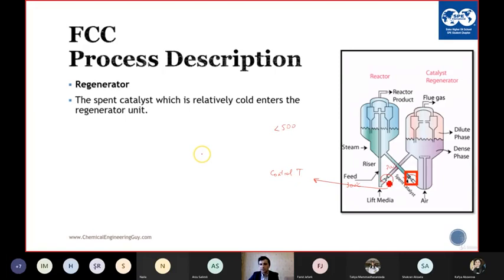Then we open this control valve a bit more, allowing more catalyst coming into the reactor. Thus, we can control the temperature. If the temperature is above the limit, then we close the control valve a bit, allowing the temperature to decrease.